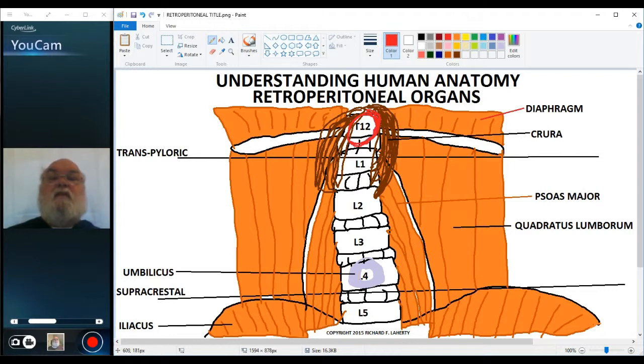So again, in an earlier video talking about the mediastinum, we said that the aorta enters at T12. Well, the reason it enters at T12 is that's where the gap is between the two crura. It provides a natural point for the aorta to enter.